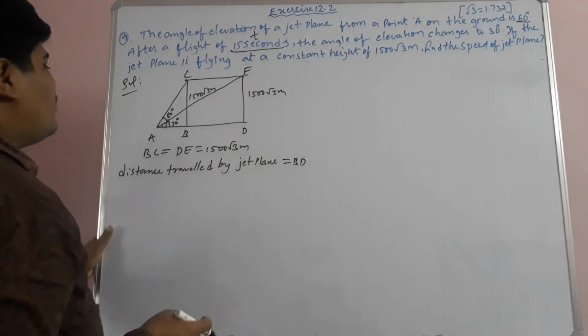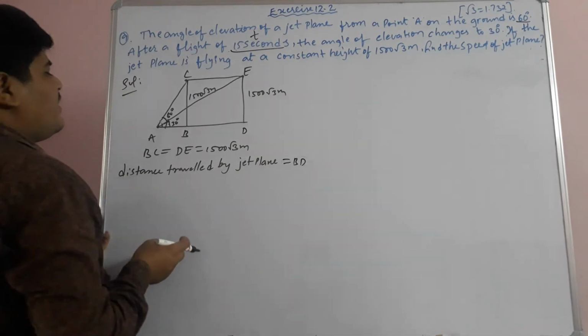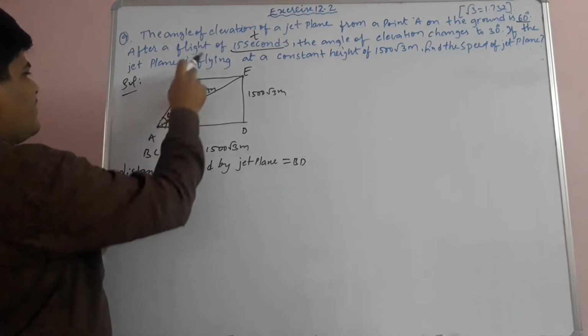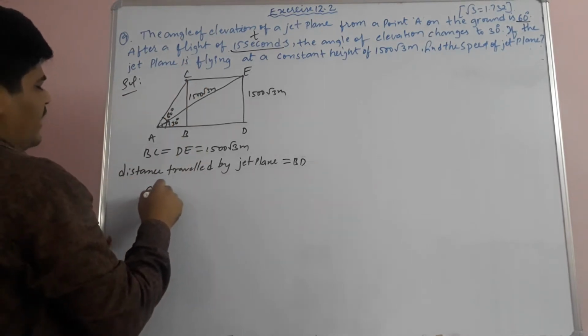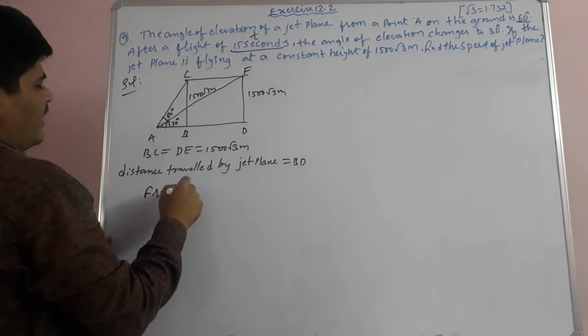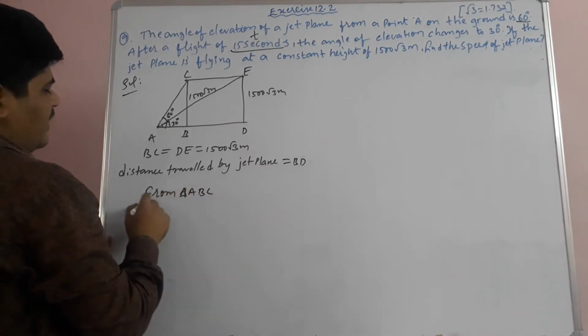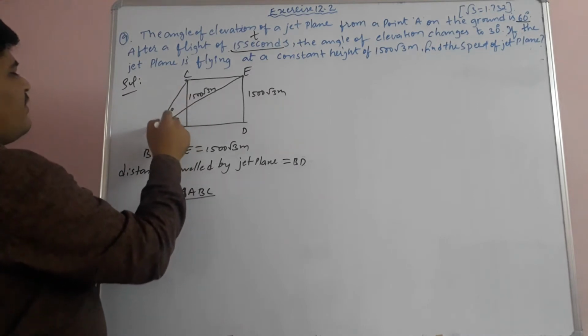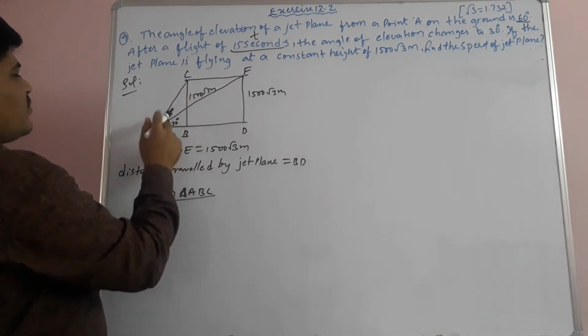Now first I am taking triangle ABC. What can I write from triangle ABC? Children, in this triangle ABC, what is the angle of elevation? 60 degrees, this full angle.